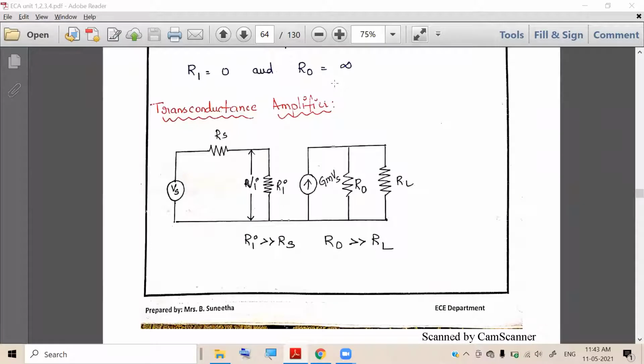Akshita, turn on your mic. What is the input and output of a voltage amplifier?